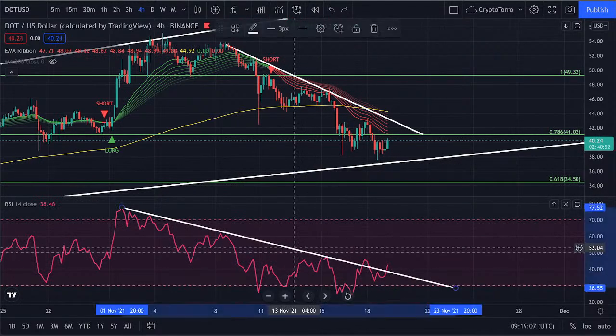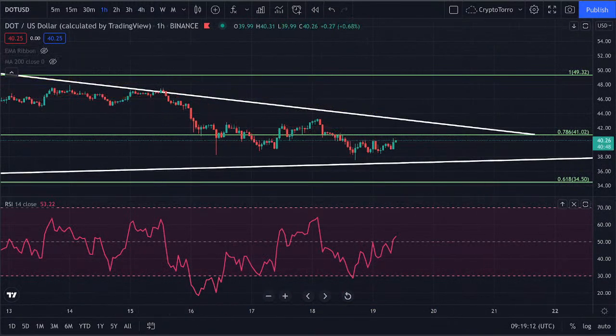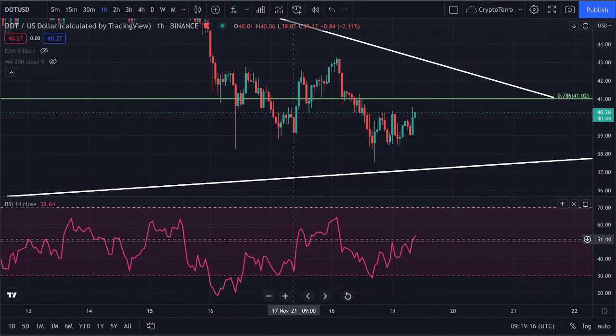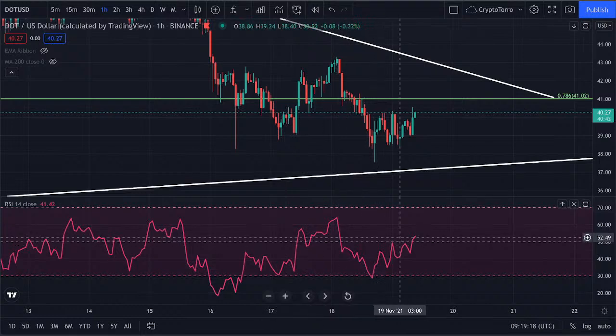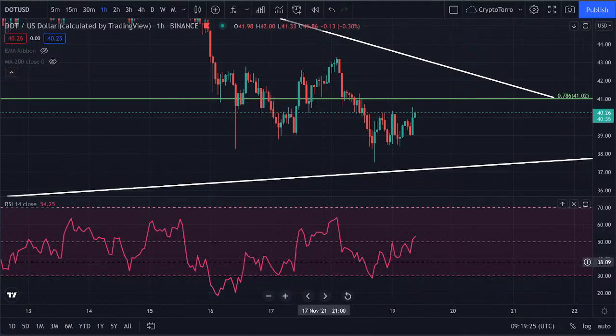If we go towards the 1-hourly time frame, let's take a quick look over here. On the 1-hourly time frame, well, you are perhaps seeing it right now. We are not seeing a bullish divergence on the 1-hourly time frame, but what I'm seeing is actually that we do have plenty of space to grow even further.